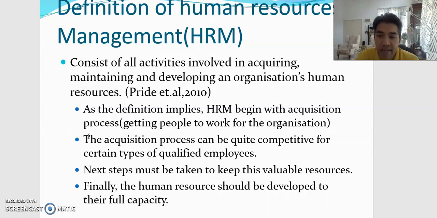after that, you need to take steps in order to keep these valuable resources, in terms of handsome compensation packages, monetary and non-monetary, and in terms of performance appraisal, in order to compensate them well or to identify areas for improvement in the future. And you also need to develop them.